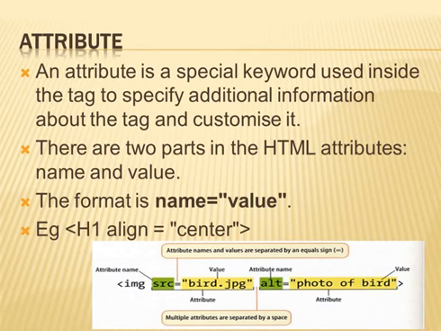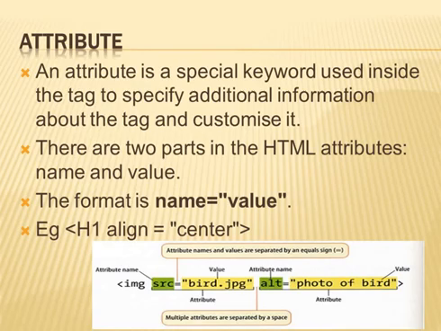So the tag is H1 and the attribute is align, and the property or the value of align is equal to center. You know children, most attributes are optional and are used only when the default behavior of a tag has to be changed. What do you mean by default behavior? What it is supposed to do? That one is called the default behavior.